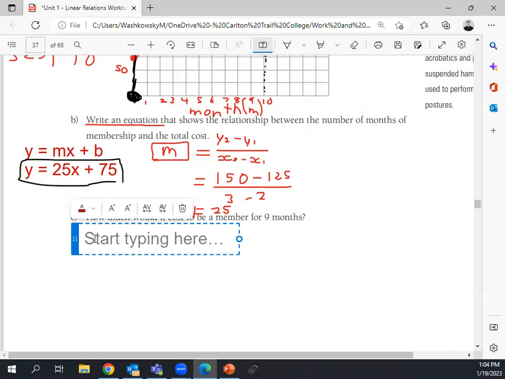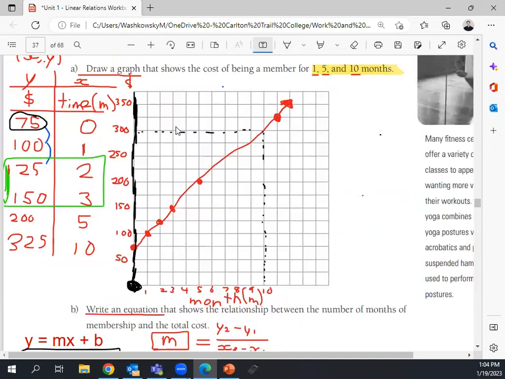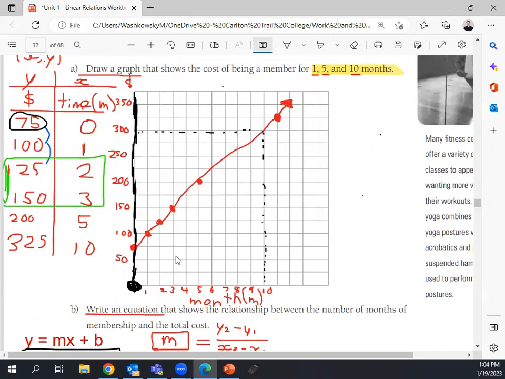So now I have my equation. Y equals 25x plus 75. So what does my x mean on this graph? What's on the x-axis?